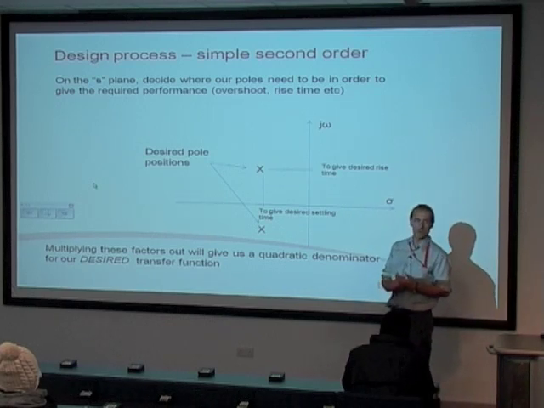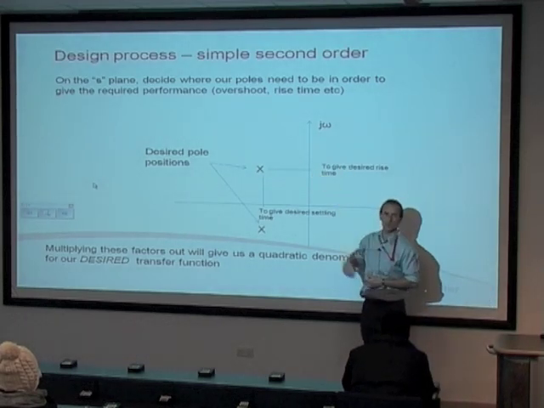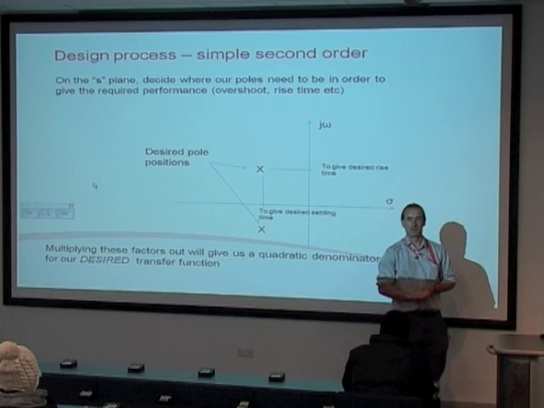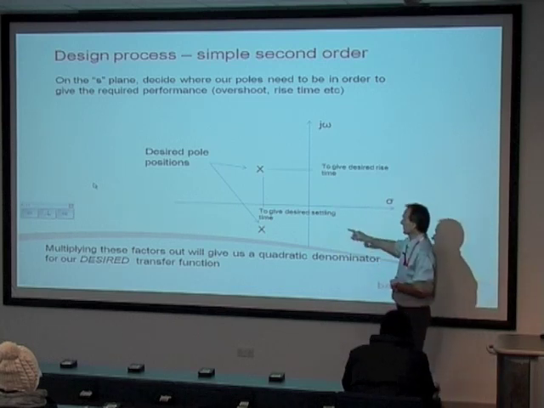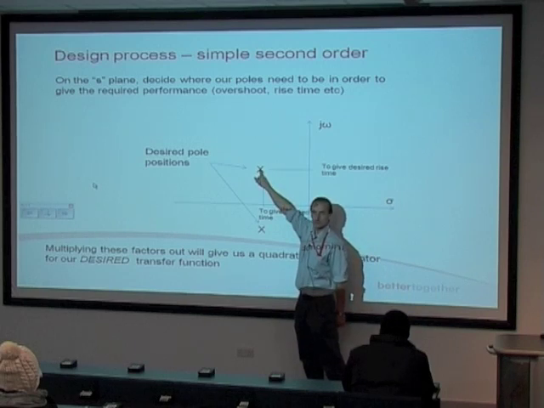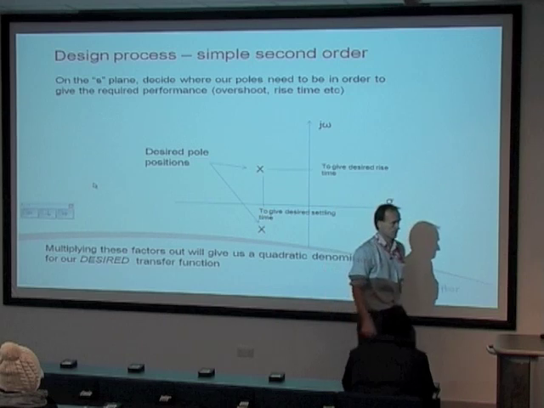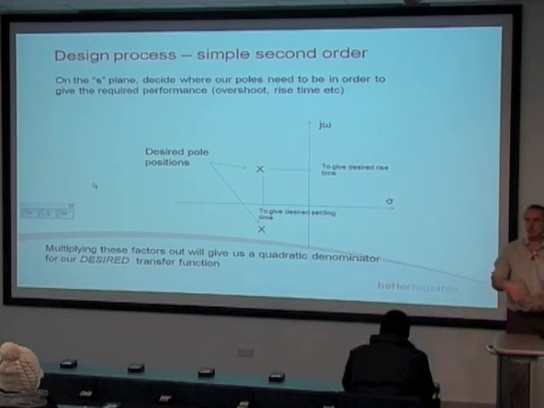And a rise time of 1 second you can relate to omega d, which is the vertical position. What that lets us do is pinpoint where the pole has to be, and its complex conjugate will be just down there. So that's something that we should be able to do.